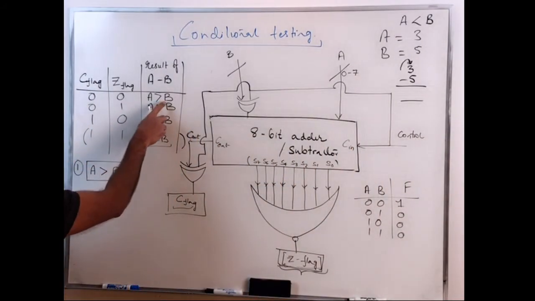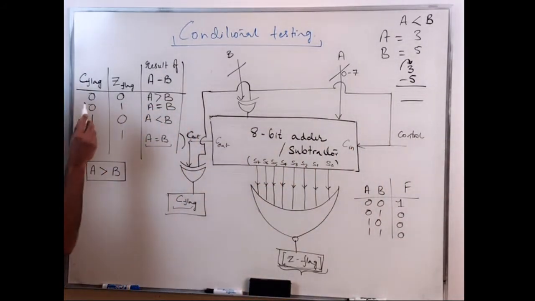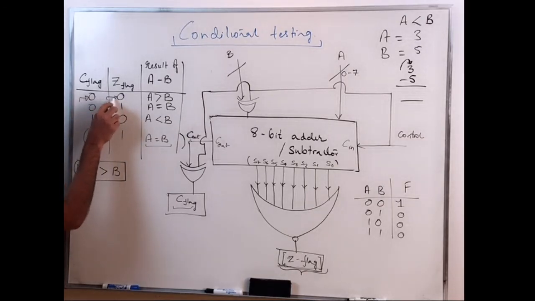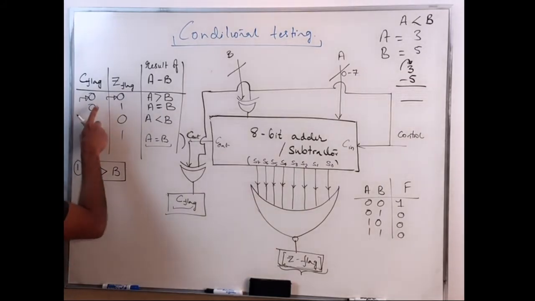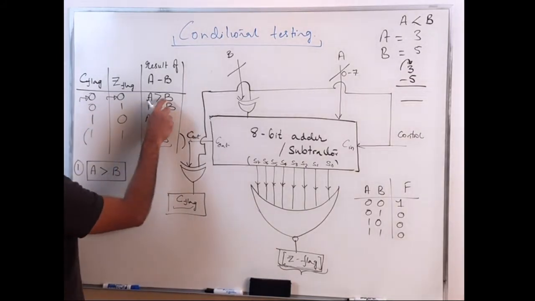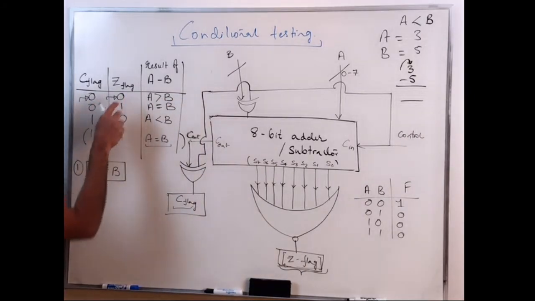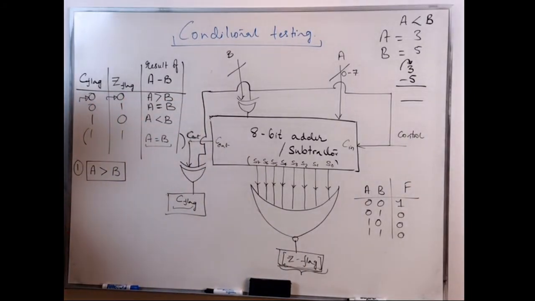If my A has to be strictly larger than B, I need to ensure that my C flag and Z flag are both zeros, right? Does it make sense? So in what way can I arrange them so that that is satisfied?